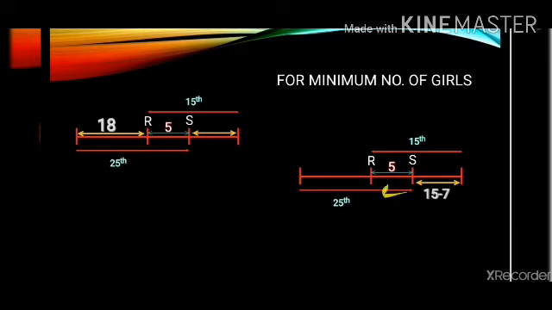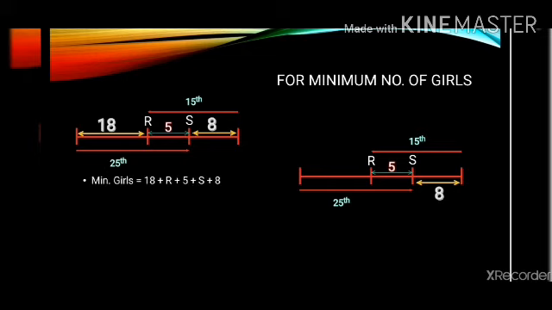Because up to R I have 15 people, and R, the 5 people, and S make 7 people. So this whole line is 15 people; minus these 7 will give you the remaining number of people from the right corner up to S, excluding S, which is 8. So I am getting the number of people sitting after S as 8.